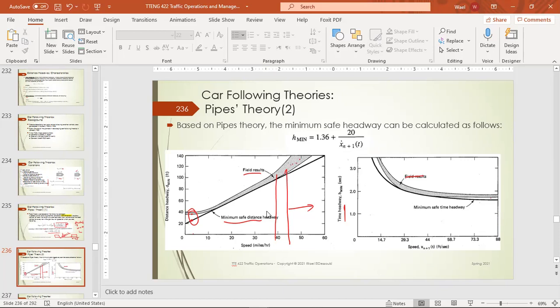And as you can see, it's a little bit not conservative, so it leaves distance almost at the minimum, and here there's a problem with it, and here there's a problem also. So that means the safe headway in reality is much larger than what is offered, or what can be determined using Pipes' theory.